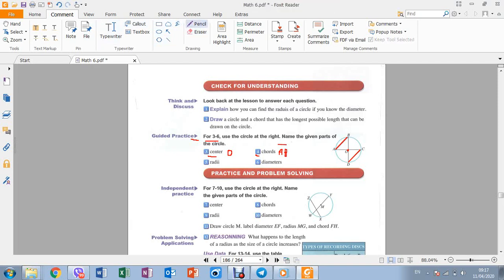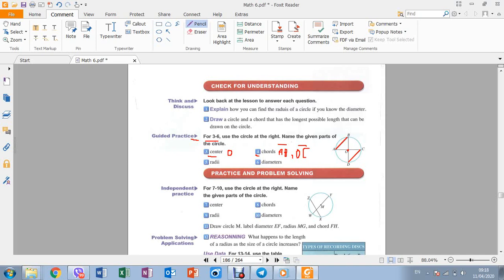And chord, you need to tell me chord DC, a line segment on it. Okay, so these are the chords.